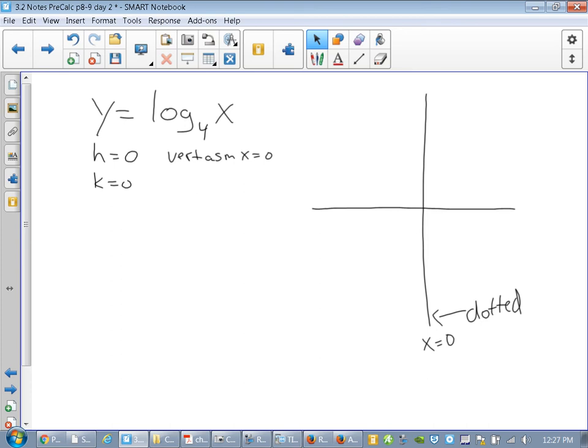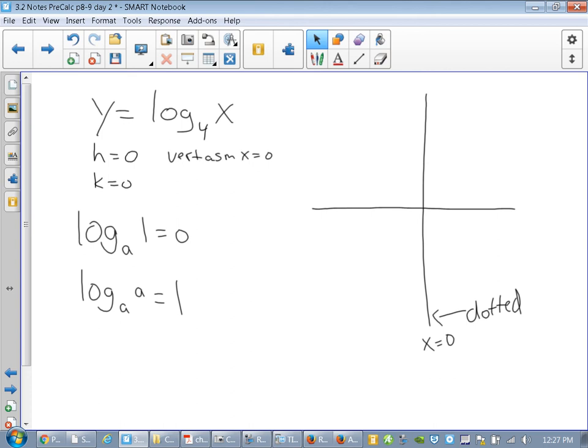So then now I want to create those two scenarios. When I do that, in order for me to get 1 for x, what do I substitute in for x? 1.